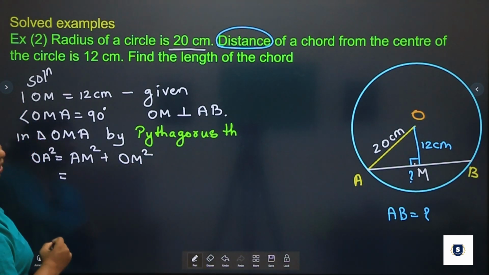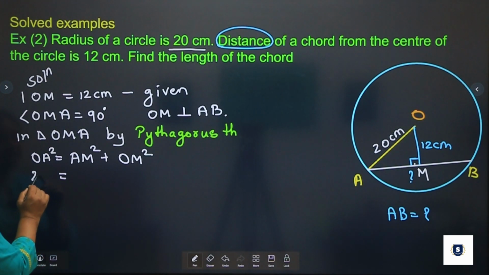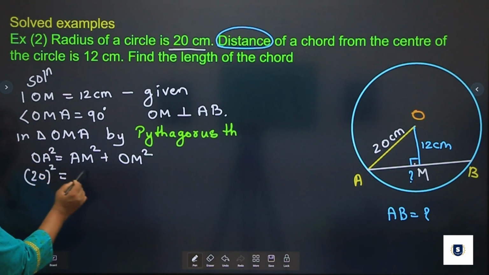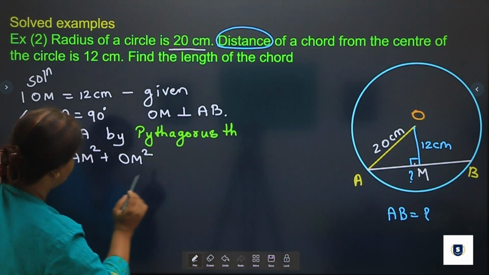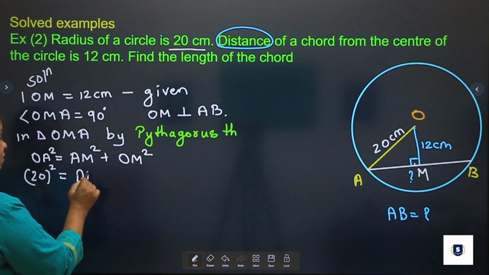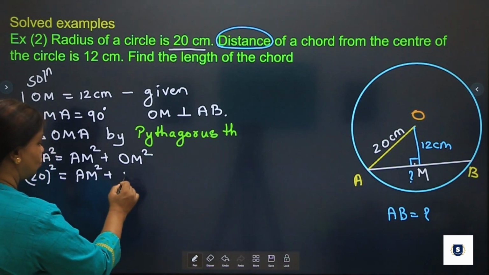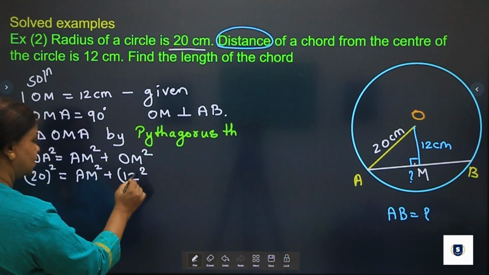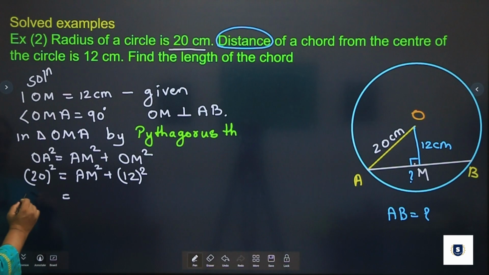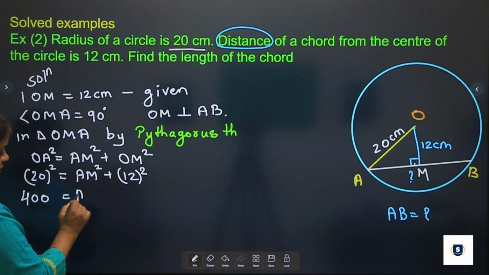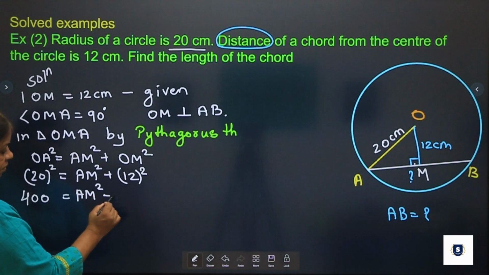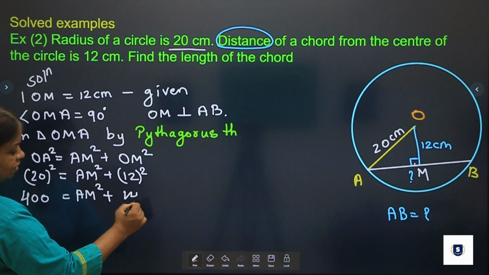What is OA square? 20 square. AM is what we want to find out. OM is 12 square. 20 square is equal to 400. AM square we want to find out. 12 square is 144.